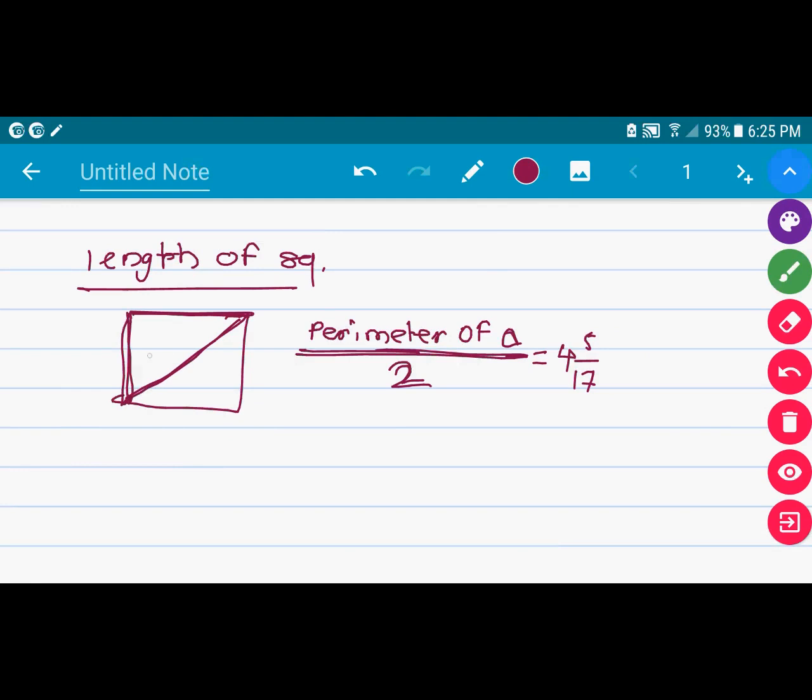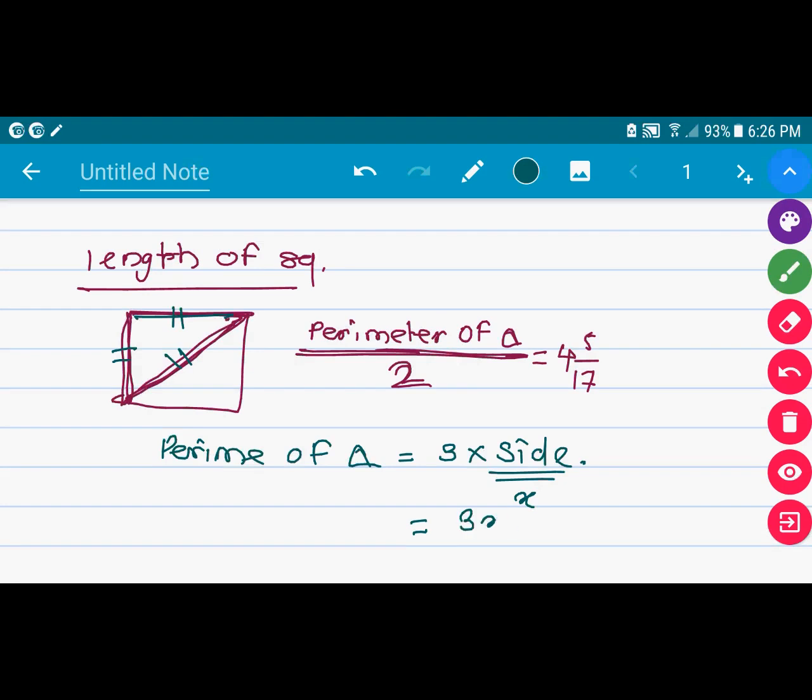What is the formula for the perimeter of an equilateral triangle? This triangle is equilateral, so all sides are of equal length. So perimeter of equilateral triangle is equal to 3 into side, which is the length of the square. We assume this side as x.